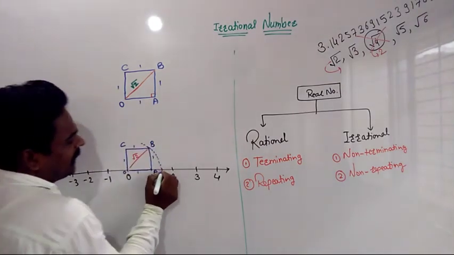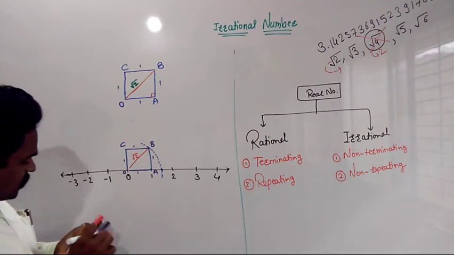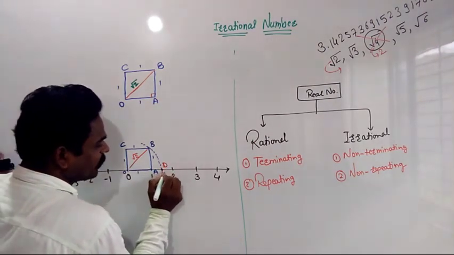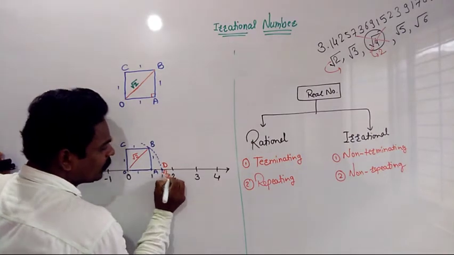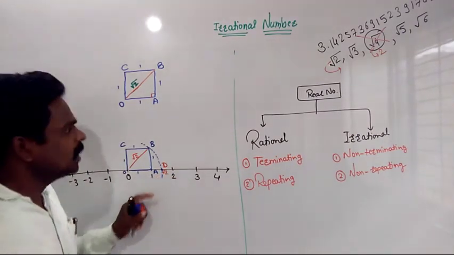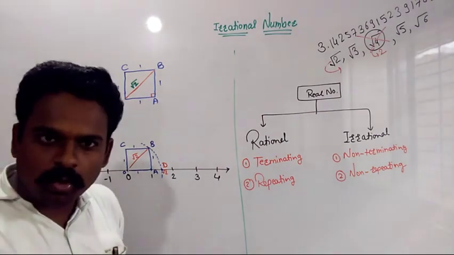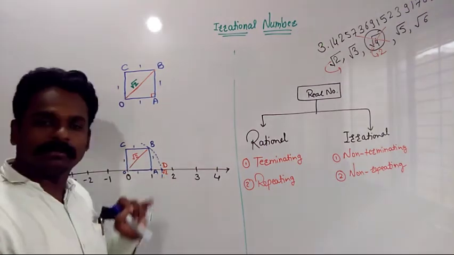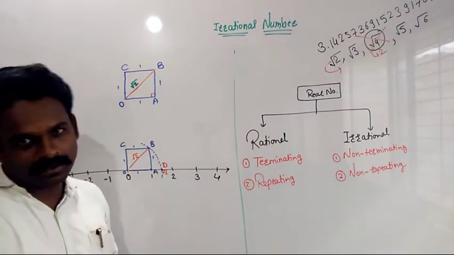Suppose this point is your D point. How much is the value of this point? It's √2. So in this way, we can show any irrational number on the number line.